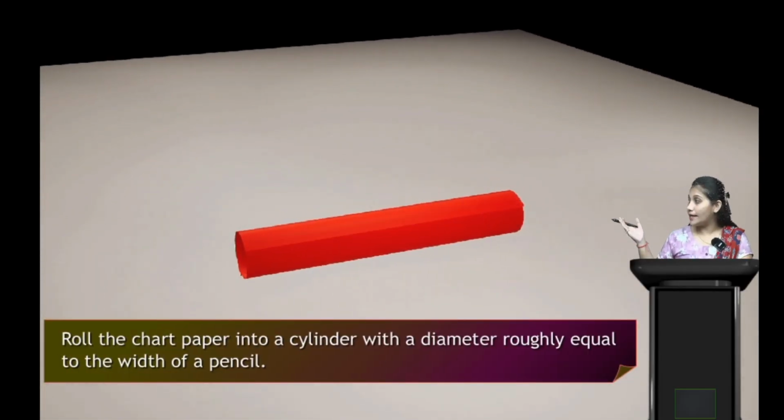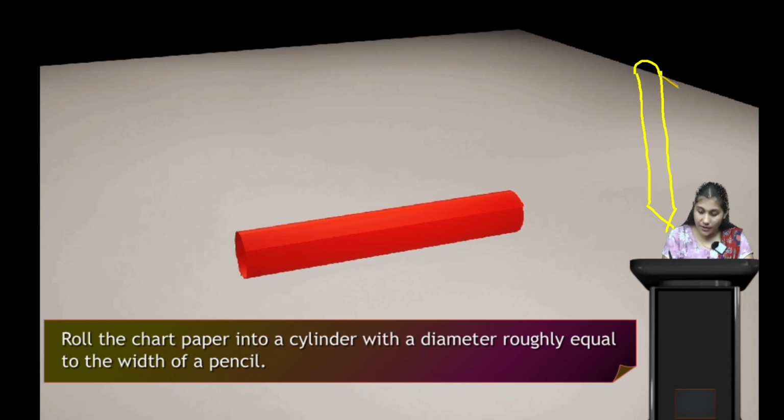Here it is given: roll the chart paper into a cylinder with a diameter equal to the width of a pencil. Means as we have one chart paper, roll it in such a way that the diameter becomes almost equal to the width of the pencil. Width of the pencil means what? Suppose this is one pencil. This is the width, like this much.